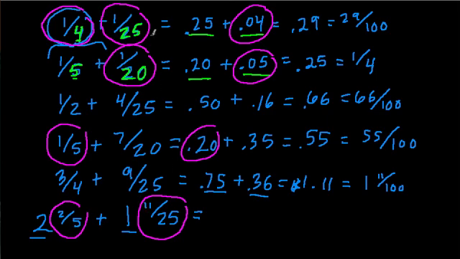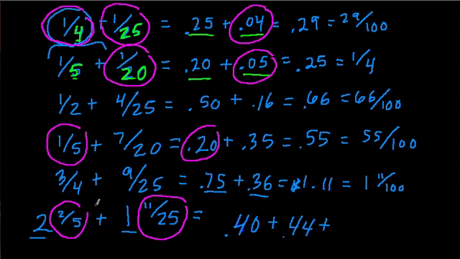And 1/25 is 4 cents. So we can use that as a model here. If 1/5 is 20 cents, then 2/5 has to be 40 cents. 40 cents. And 11/25 is like 11 groups of 4 cents, which is 44 cents.